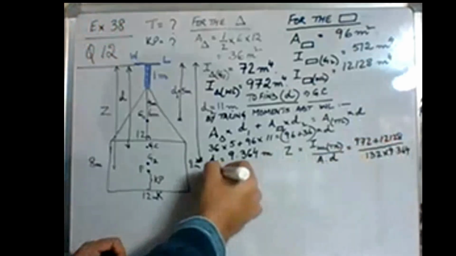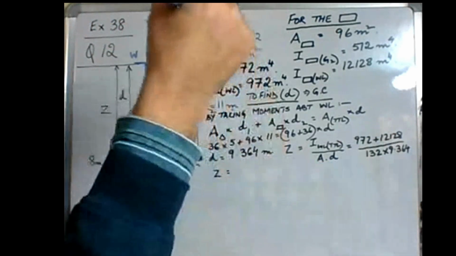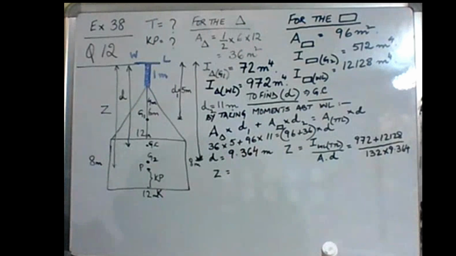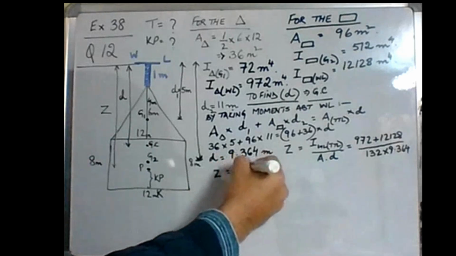इसको टोटल करो and Z निकालो. टेन पॉइंट 598. सबका सेम आ रहा है?